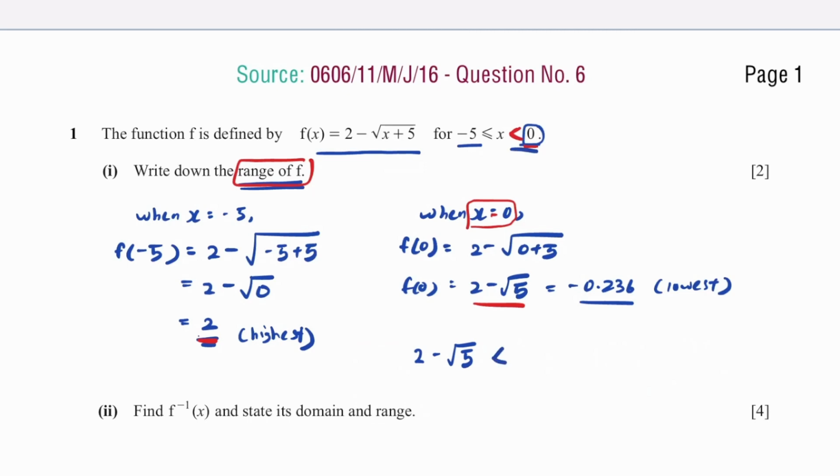So we just put this less than symbol. Since we are talking about the range of f, note that when x is equal to negative 5, the f value should be 2, and since it can be equal, you can basically add an equal sign. So you need to write this in order to get full marks for these questions.